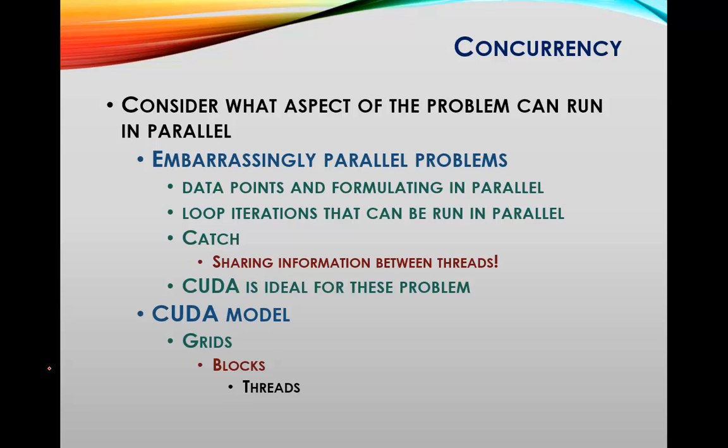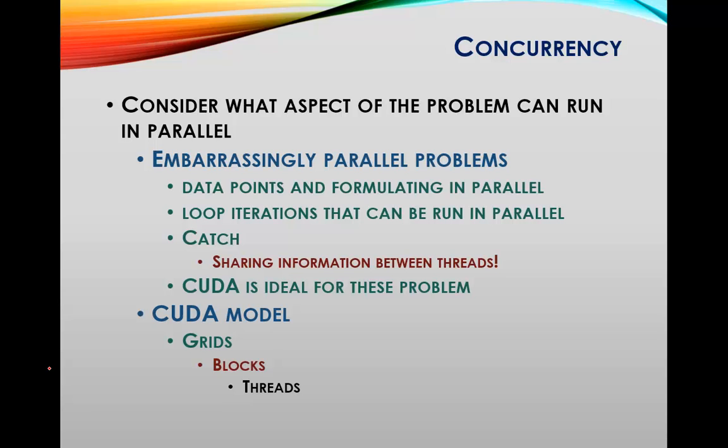The first aspect of looking at concurrency in your programs, whether concurrency in your hardware architecture or the concurrency of the processes that you can make into threads that would then run in parallel, is to think about a particular problem without regard to any implementation, and then consider which aspects of that problem can be run in parallel.